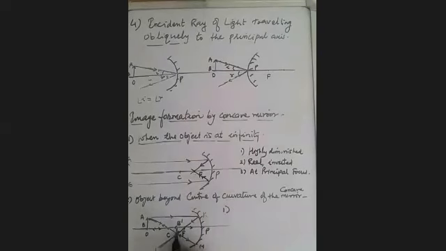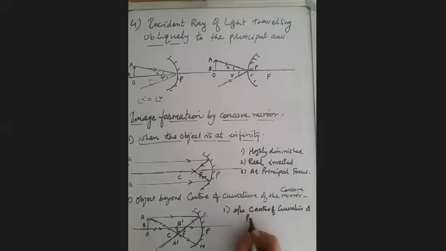The position of the image is now between F and C. So when the object is beyond C, the position of the image is between the center of curvature and the principal focus.